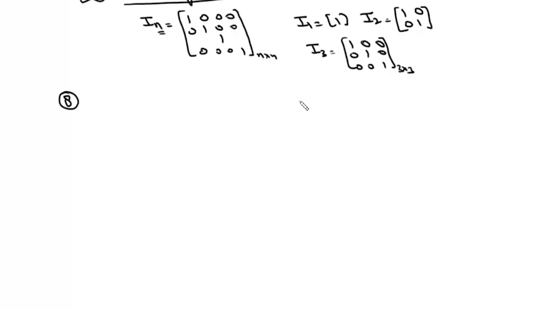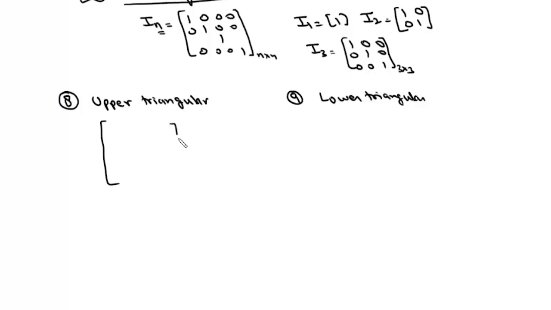Now the 8th and 9th ones are the upper triangular matrix and the lower triangular matrix. If you have any square matrix whose order is n cross n, this is our principal diagonal A11, A22, A33, ANN.